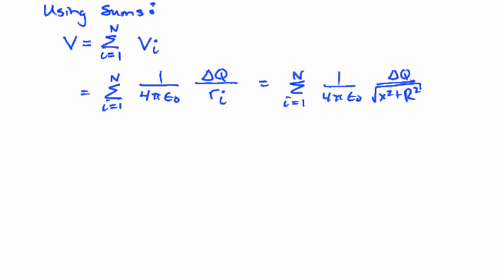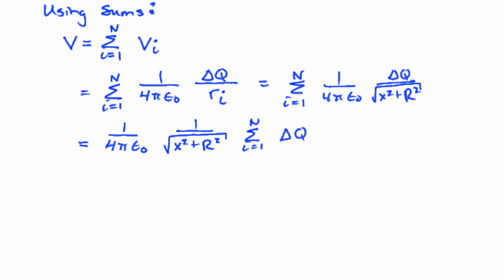So I can rewrite this pulling out my constants, and I only need to sum over delta Q. If I sum the tiny amount of charge for every piece on this ring, I get the total charge on the ring, which we'll call Q. So the total electric potential at point P due to this ring is this.